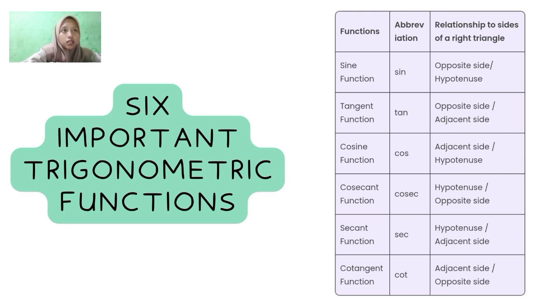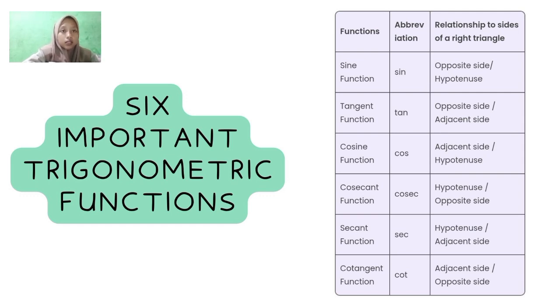It is necessary to get knowledge about the sides of the right triangle because it defines the set of important trigonometric functions. Sine function: sin equals opposite side divided by hypotenuse. Tangent function: tan equals opposite side divided by adjacent side. Cosine function: cos equals adjacent side divided by hypotenuse.